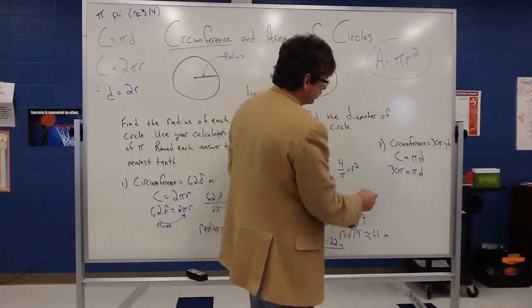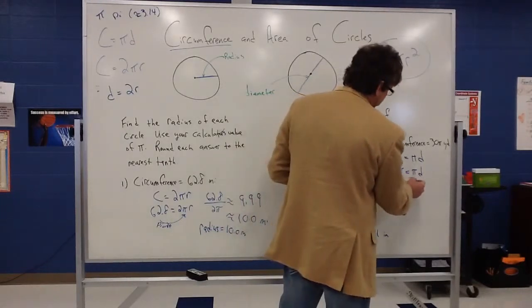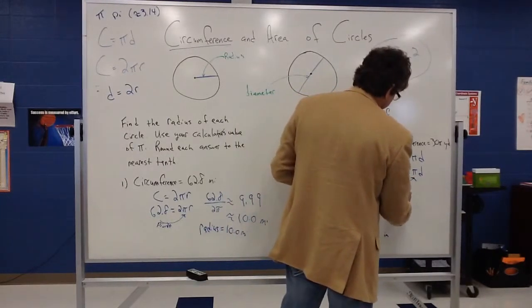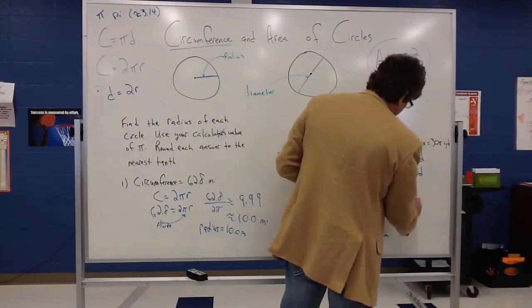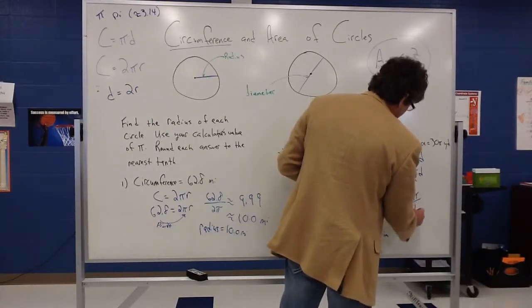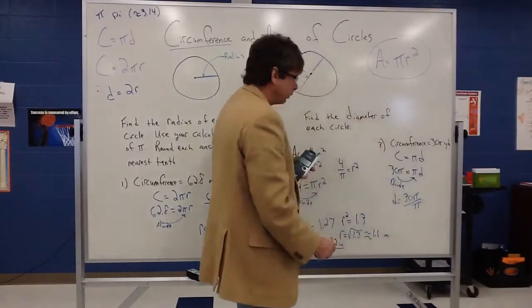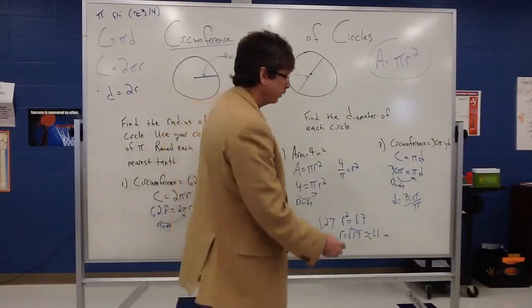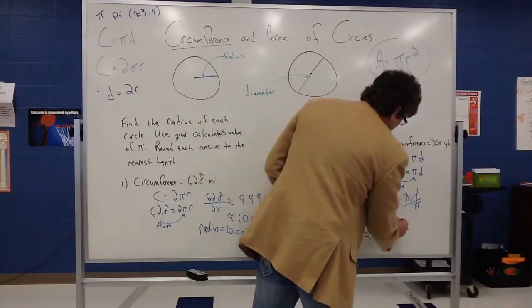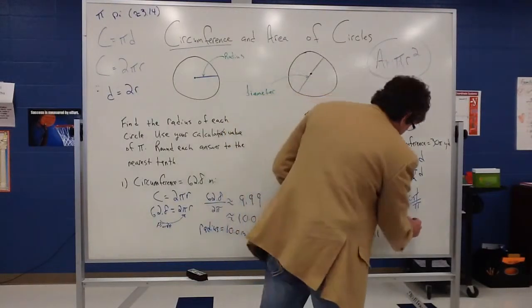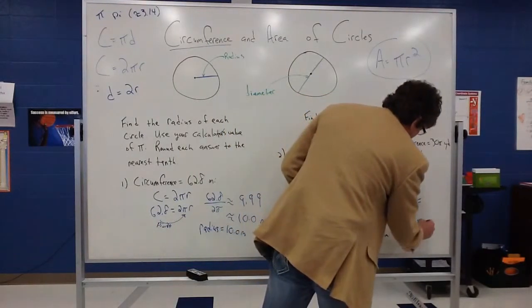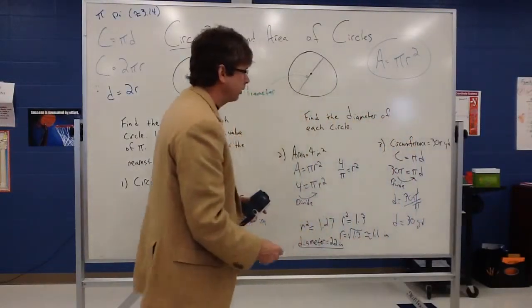And we know also that you can work backwards and use division to find what the diameter is. So the diameter is going to equal 30 pi divided by pi. We also can recognize the pi's are going to divide out in this problem. And therefore, the diameter is going to be 30 yards. So 30 yards would be the diameter of that one.